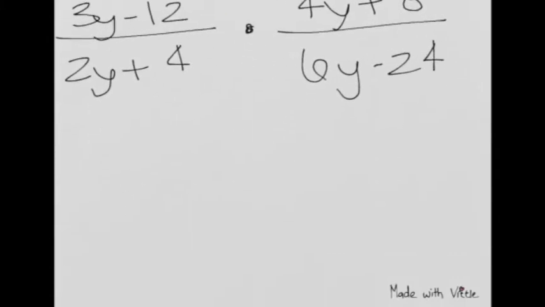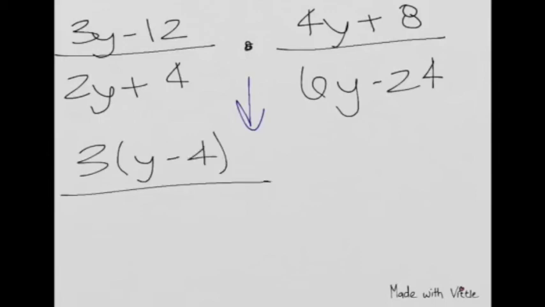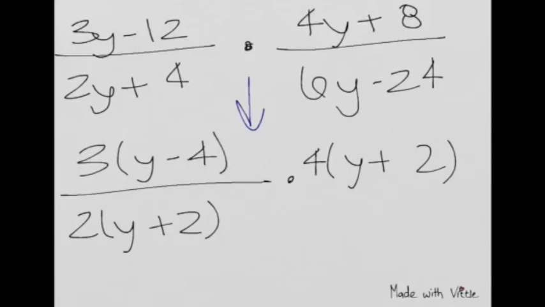From here, we're going to pull out some common factors within each one. So 3 times y minus 4 over 2 times y plus 2 times 4 times y plus 2 over 6 times y minus 4.